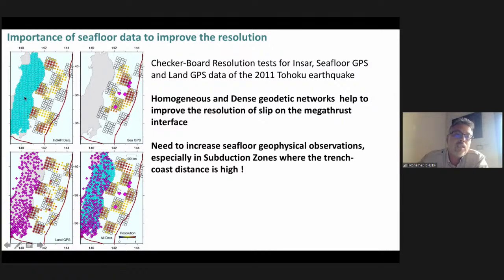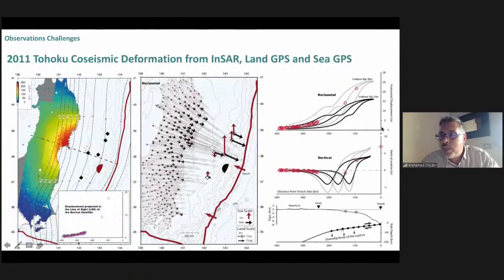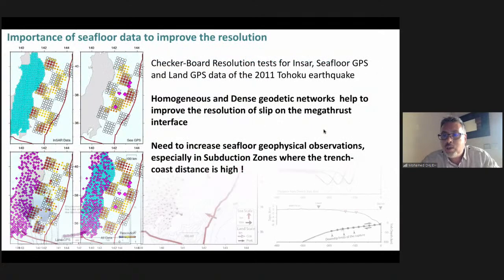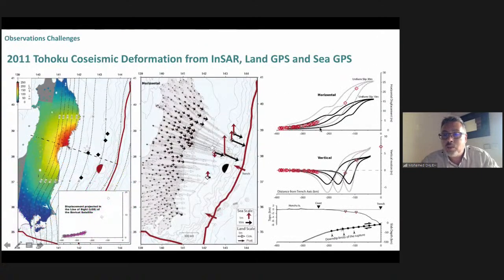So you see that it is important to have not only very dense observation, but also spatially homogeneous observation to improve what we know today, and this is especially important in subduction zones where the trench-to-coast distance, like here for Japan, is about 250 kilometers.